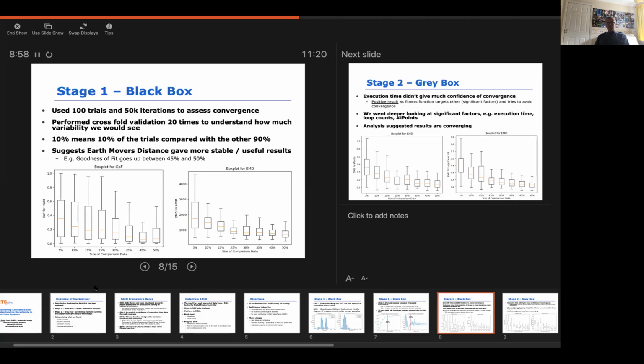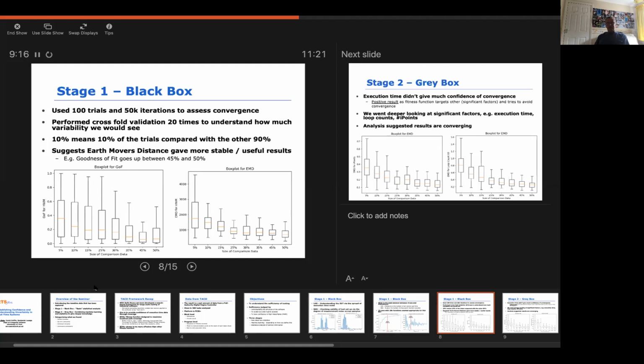So basically, there are two graphs here. One is for goodness of fit via a KS test, and the right-hand side is the Earth mover's distance, which are different metrics, and which we believe in general is a better indication of whether there are differences in distributions.